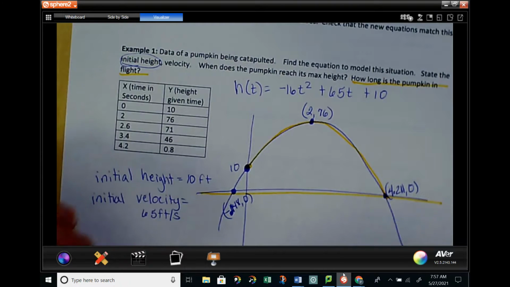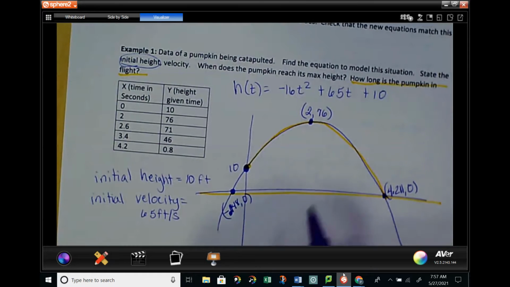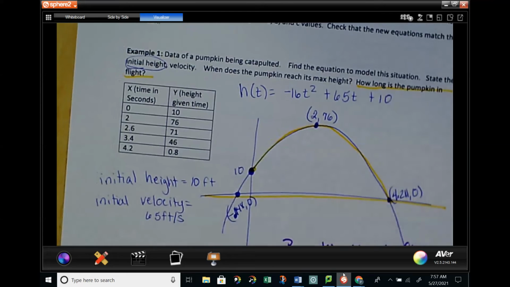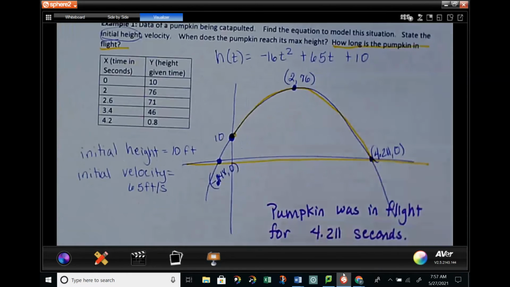So the answer to that: the pumpkin was in flight for 4.211 seconds. Oops, you can't see that, sorry. So the pumpkin was in flight for 4.211 seconds.